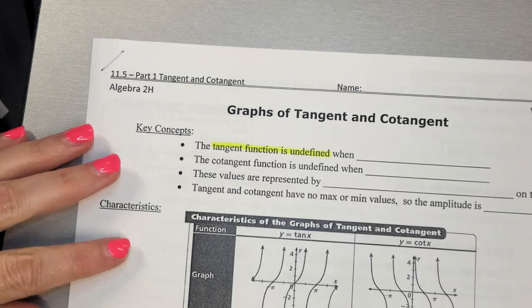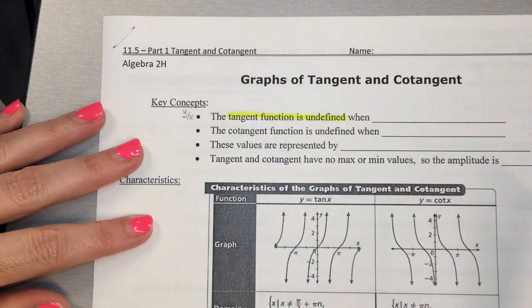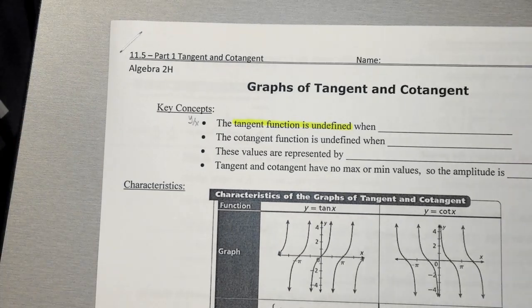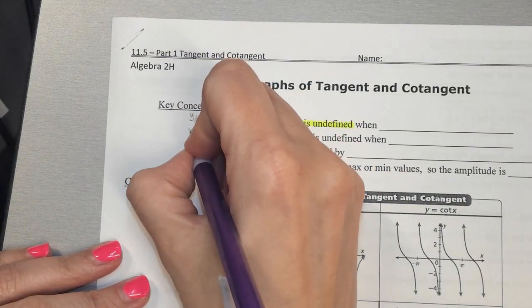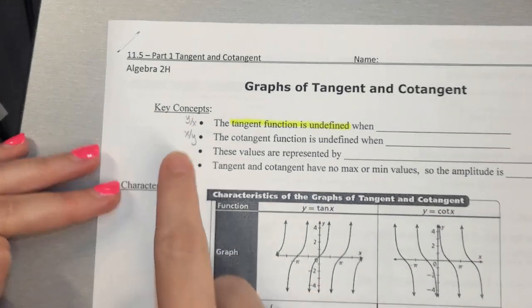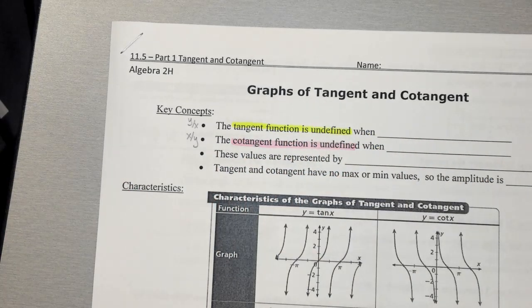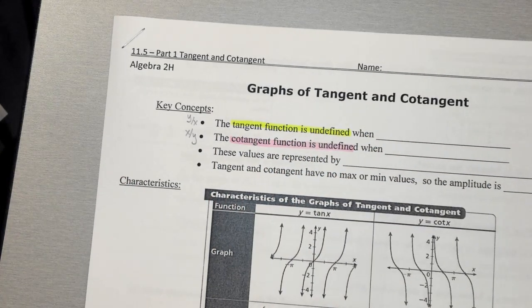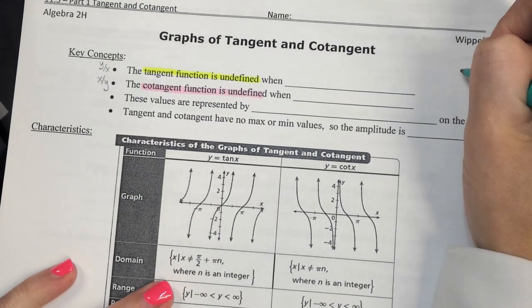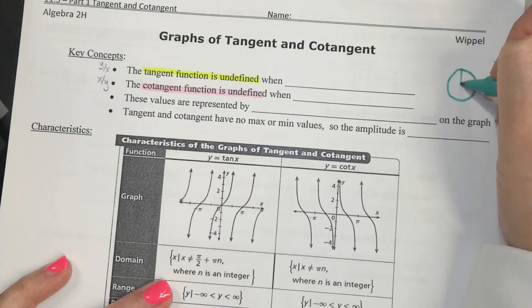Yep, so the tangent is y divided by x, the cotangent is x divided by y. So in order for something to be undefined, that means this bottom value is what? 0. So let's remind ourselves where those points are that have 0 in either the x or the y.